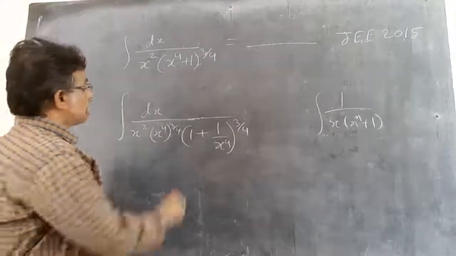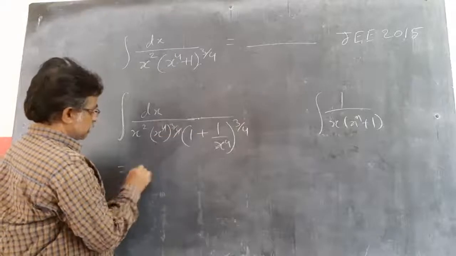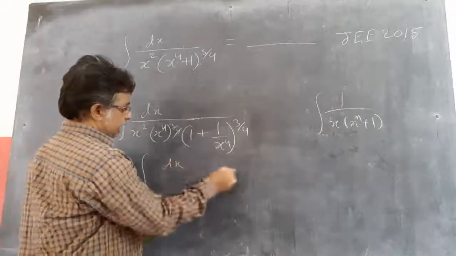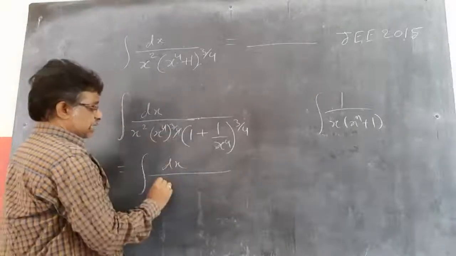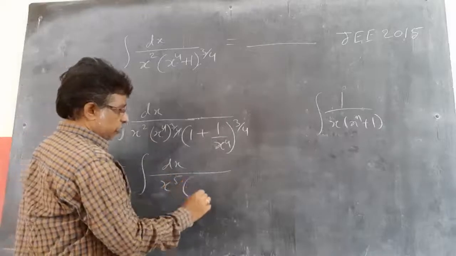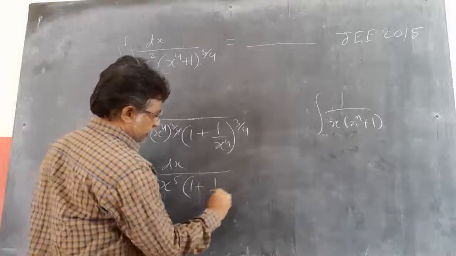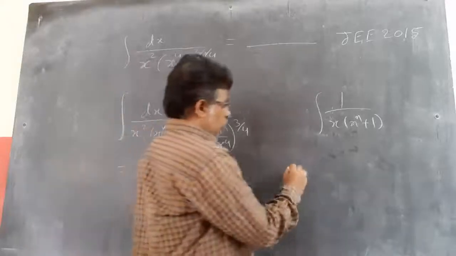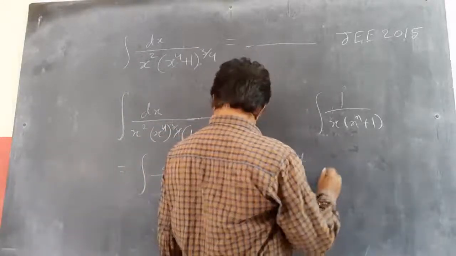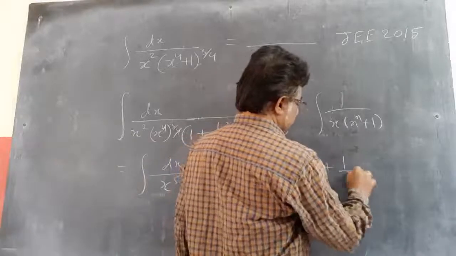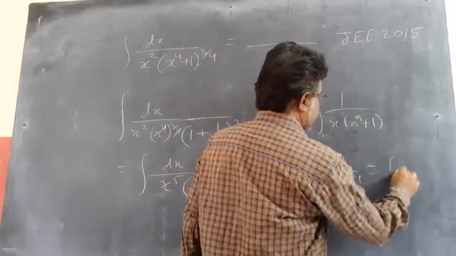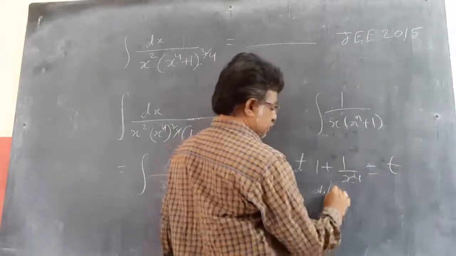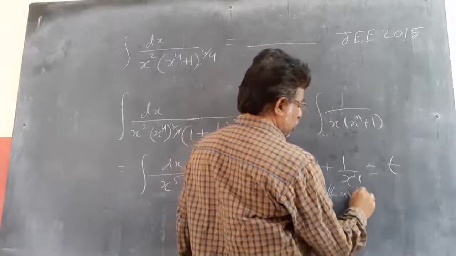Now this 4 cancels, and this becomes dx by x square into x cube, that is x power 5, into (1 plus 1 by x power 4) whole power 3 by 4. Now let 1 plus 1 by x power 4 equal to t. Differentiate with respect to x.